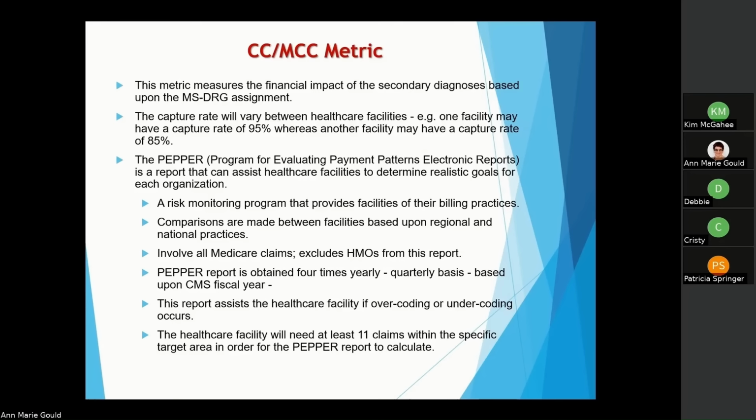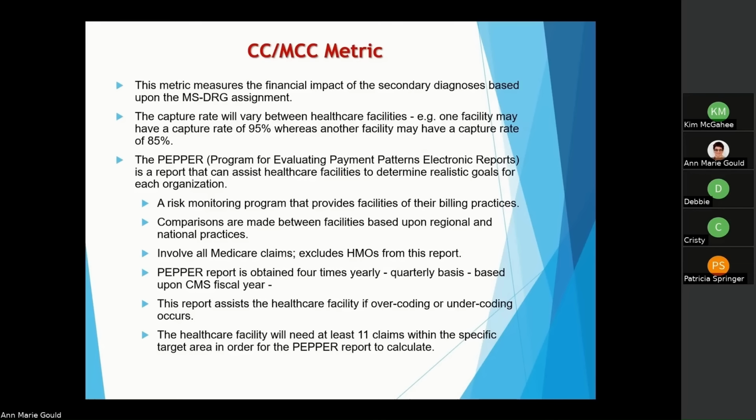Usually this report is obtained 4 times yearly, on a quarterly basis, and it's based upon the CMS fiscal year. We know the CMS fiscal year starts October 1 of every year, so we are currently in fiscal year 2024 for CMS.